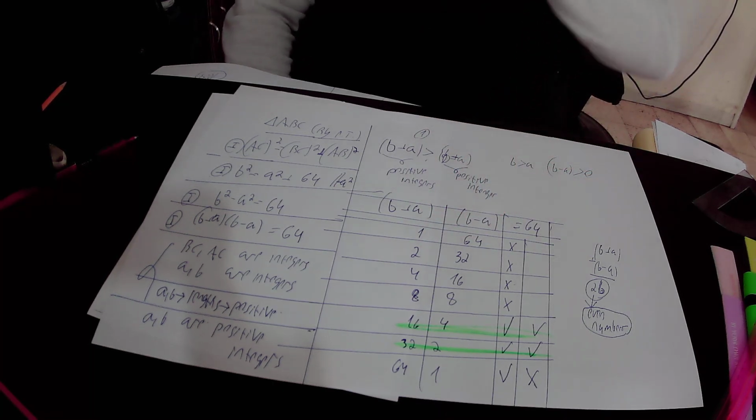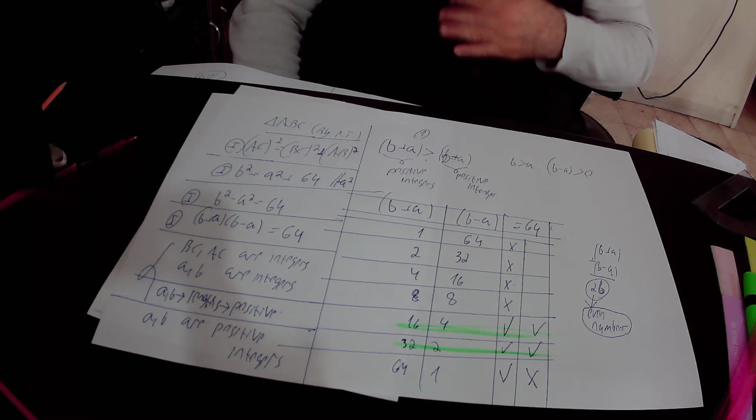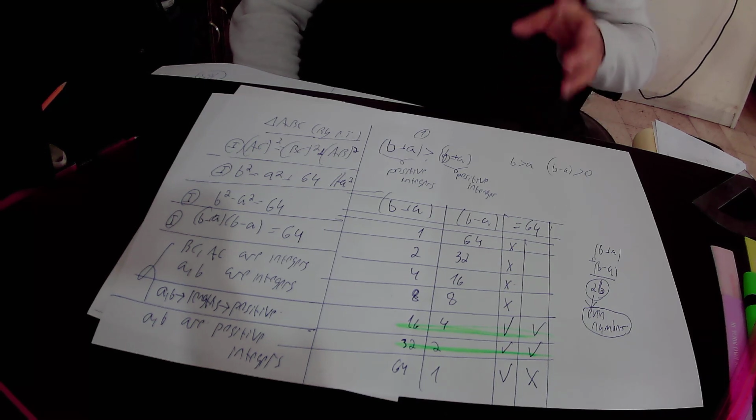So we have 7 possibilities to multiply two positive integers by each other, and the result will be 64.